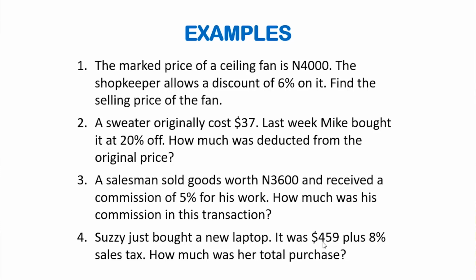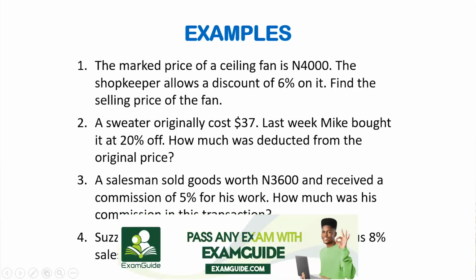Now, the price of the laptop was $459 plus 8% sales tax. That is the calculation. So the question is, how much was her total purchase? What that means is, how much did Susie actually pay? How much did she pay to the owner of the laptop shop? Okay, so let's look at that.